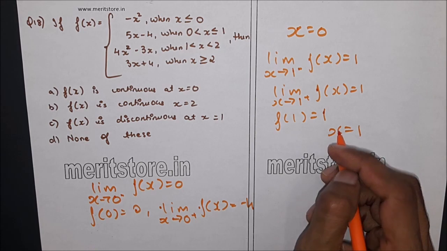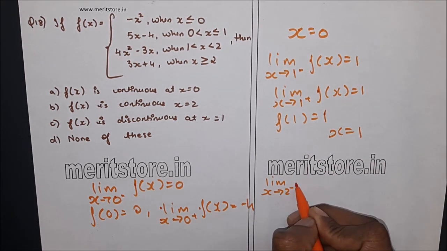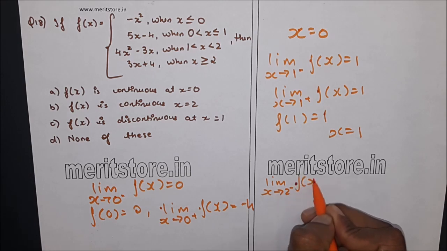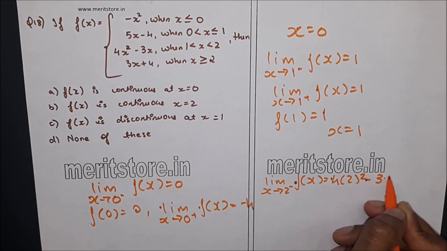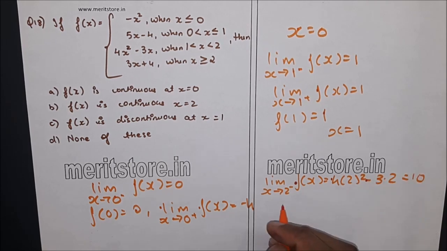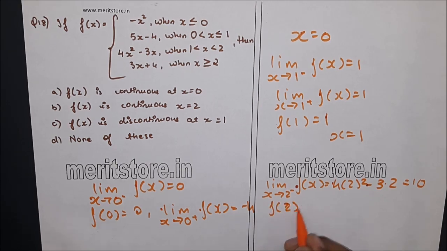Also, if we see limit x approaches to 2 from the left hand side, f of x is equal to 4 into 2 the whole square minus 3 into 2, we get as 10. Same for f of 2, we get as 10.